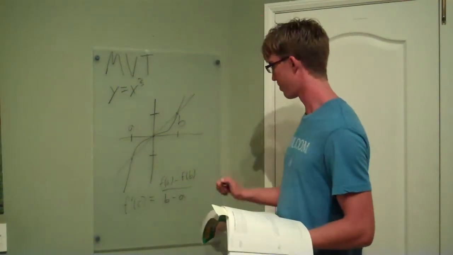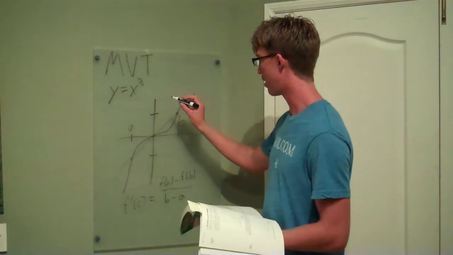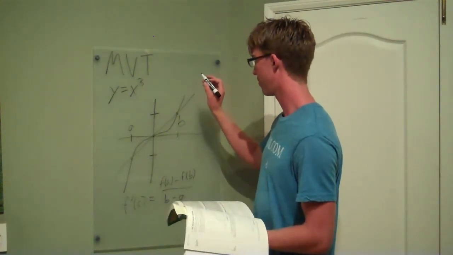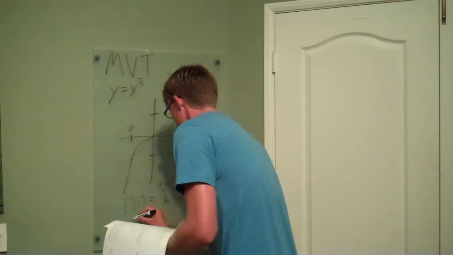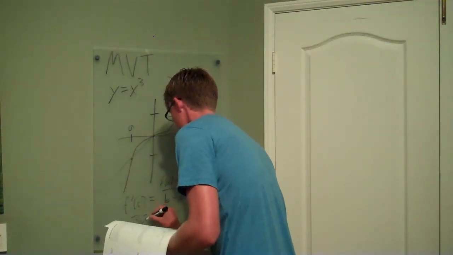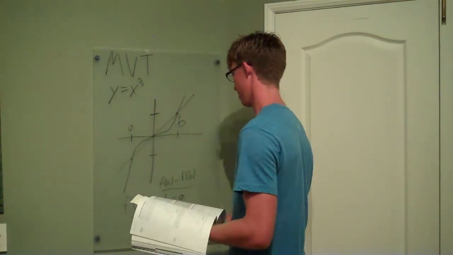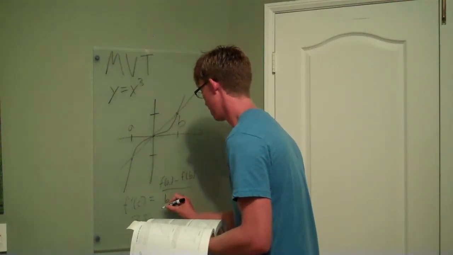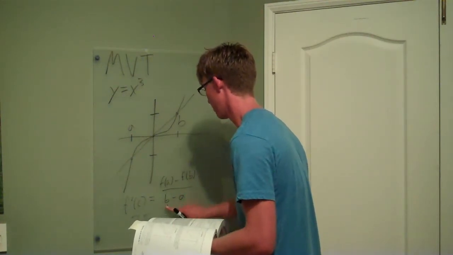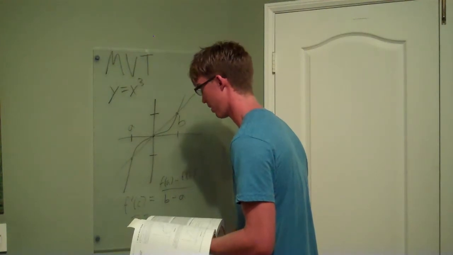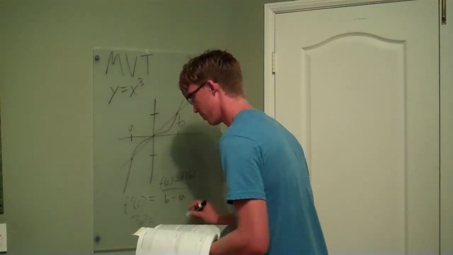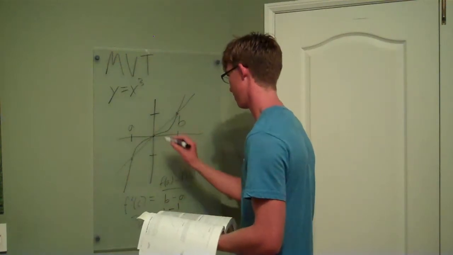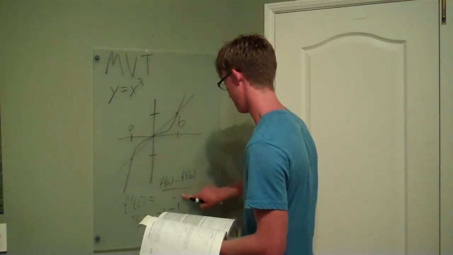And so let's do it out for this. So we have f prime of c, so 3x squared is equal to f of a, negative 1, no, f of a, yeah, negative 1 minus f of b, 1 over, sorry, that's supposed to be a minus b.